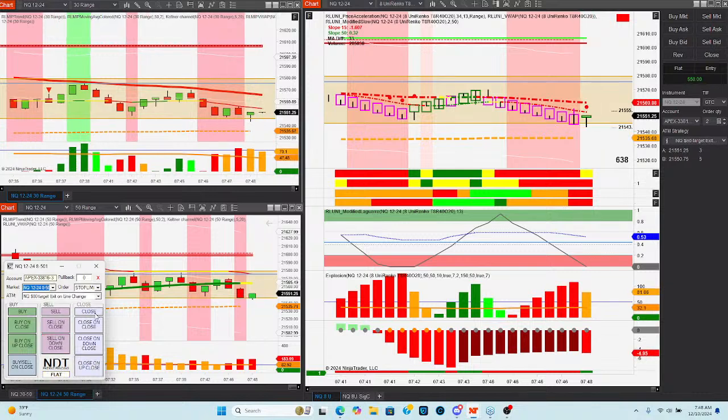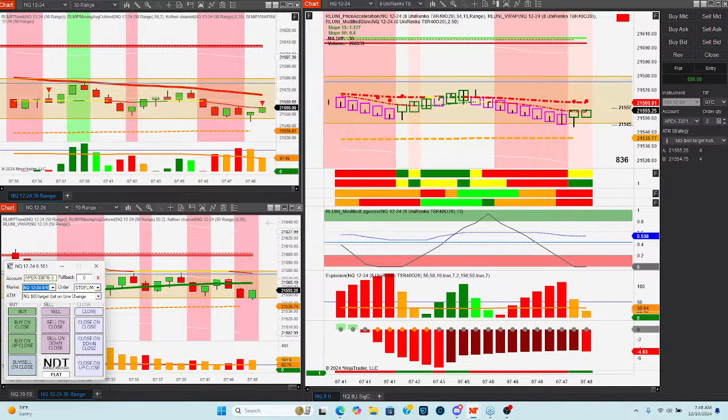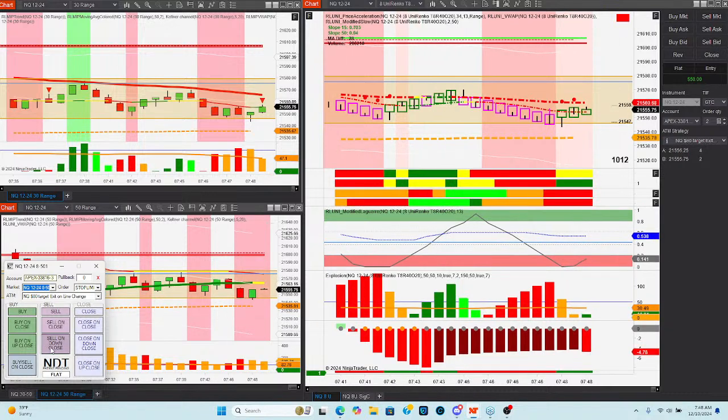Order canceled. Oh, plus my 89 is going right into the 52 and the VWAP. Okay, all right. Well, that's the nice thing about the sell on down close, the NDT. You know, you can put your order in and kind of look at it and go, does this make sense?